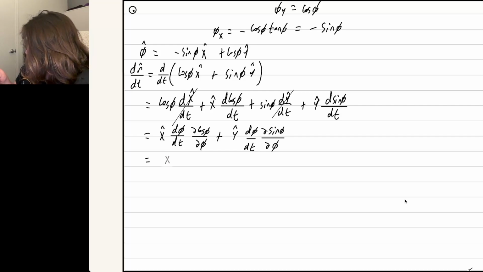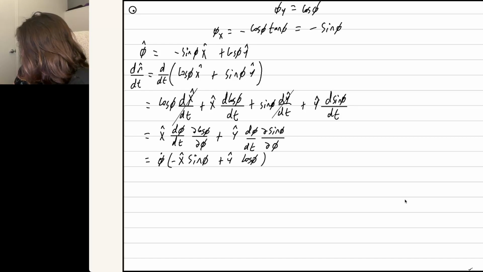Both of them have a d phi dt on them, which I'm going to label phi dot. Then you have x hat, and the partial derivative of cosine with respect to phi is minus sine phi, and then you have cosine phi for this term. Notice how that is exactly equal to phi hat. So we've come up with an alternative proof for one of the proofs in the book, that dr hat dt is equal to phi dot phi hat.